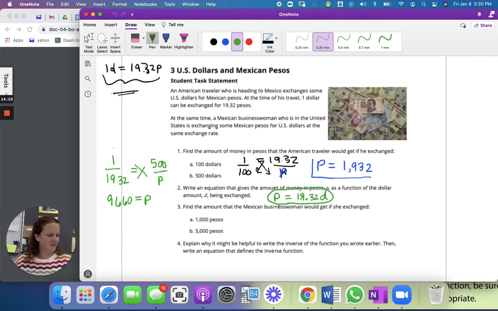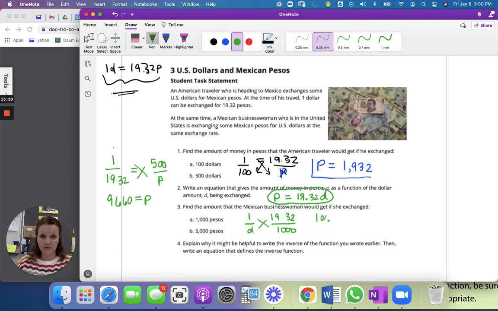Sorry. Businesswoman exchange. So same thing. $1 equals 19.32 pesos. I don't know how many dollars. 1,000 pesos. $1, 19.32 pesos. We're not sure how many dollars equals that many pesos.